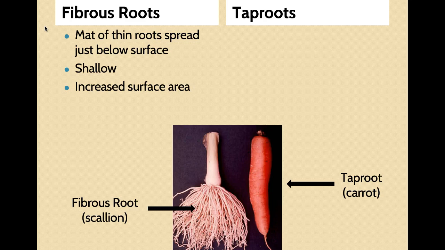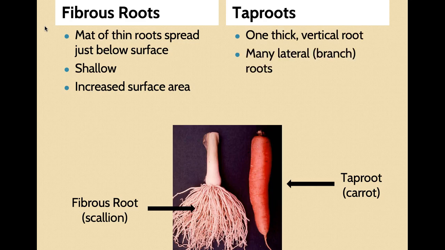They're not tall plants. The other type of root system is known as a taproot system, and this has a thick vertical root, only one, and it can have many lateral branch roots off of it.